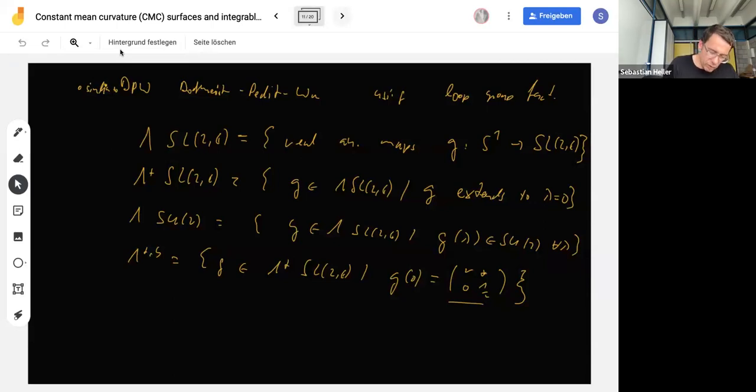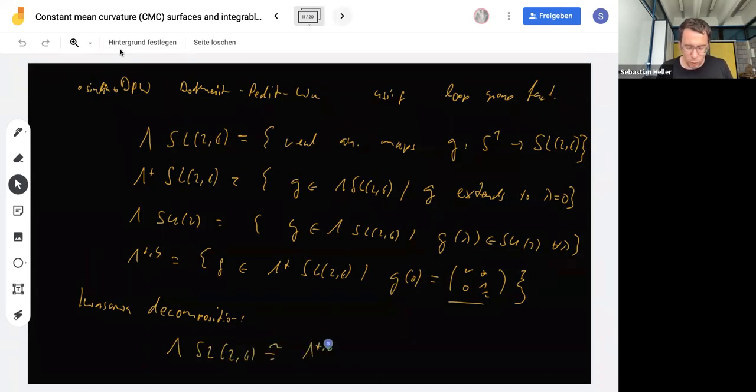Namely, what we have is the so-called Iwasawa decomposition. So this Iwasawa decomposition says we have a real analytic diffeomorphism of the loop group into the positive part of the loop group with this additional property times, so pointwise multiplication or multiplication in the loop group, the unitary loop group. So this is the infinite dimensional Iwasawa decomposition.